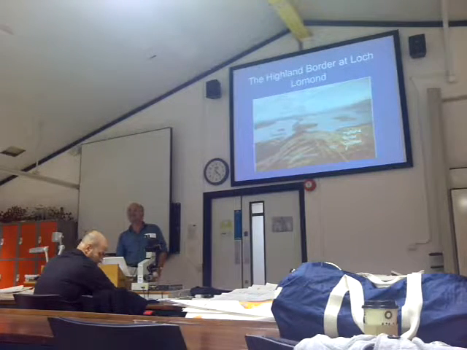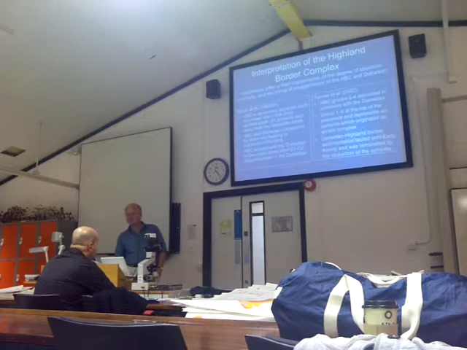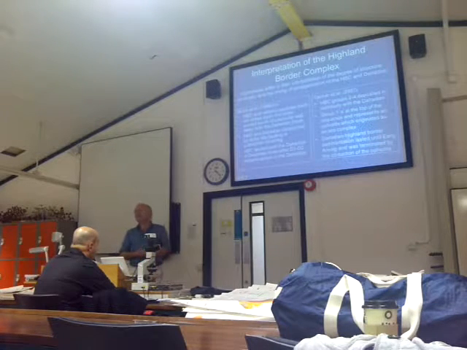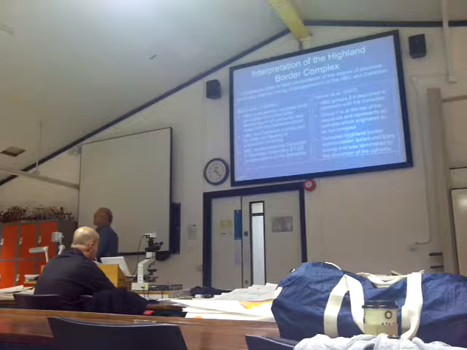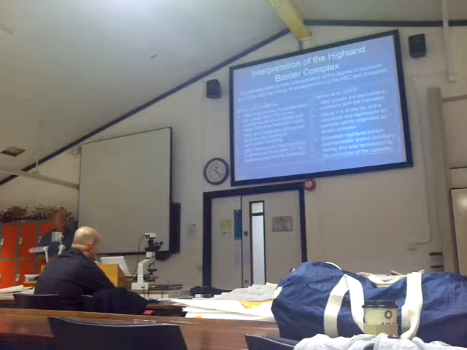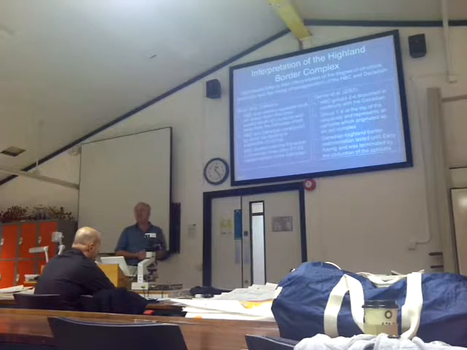Not really, was it? And you can see on this photo, that was a rubbish photo, that there isn't actually much outcrop down there. Which has led to a degree of controversy in understanding what the Highland Border Complex actually is.